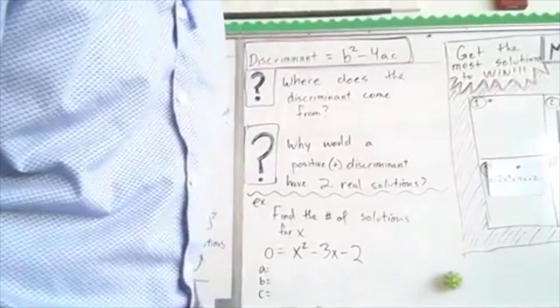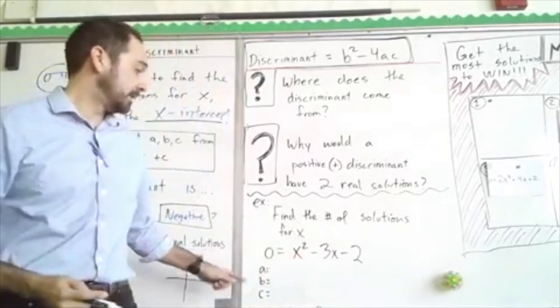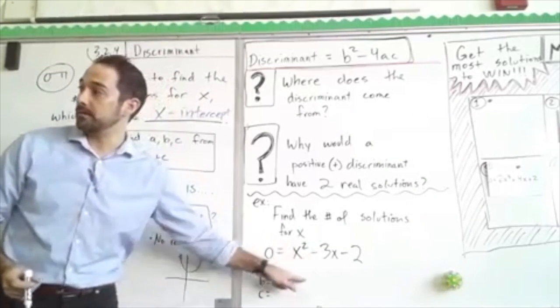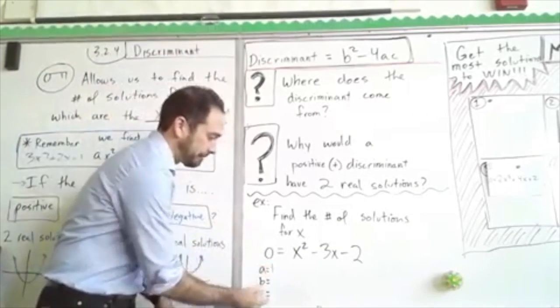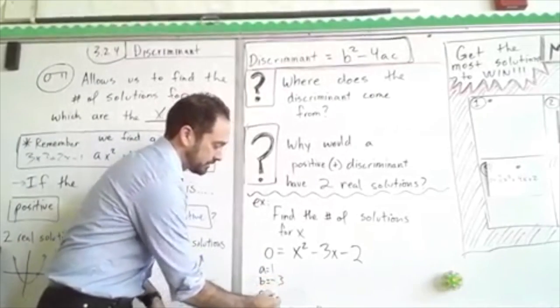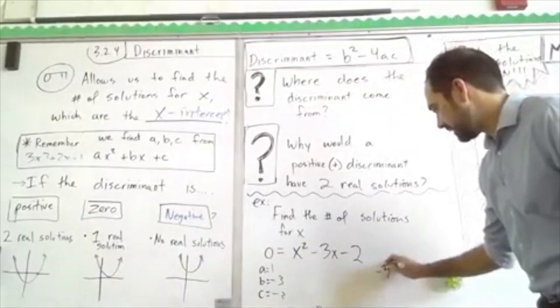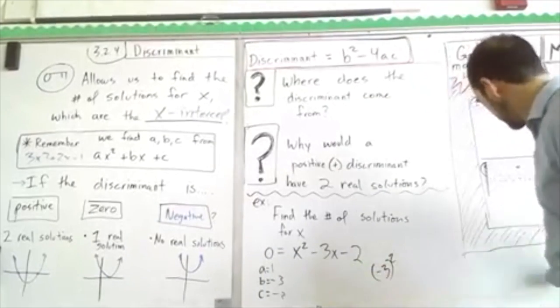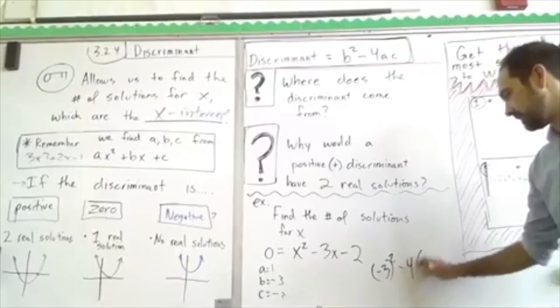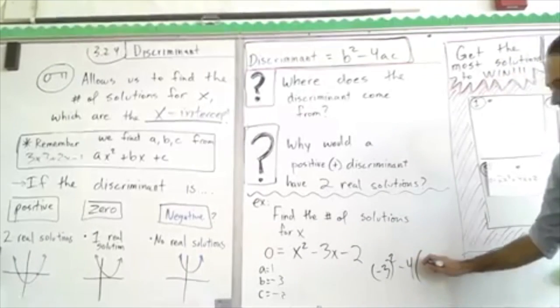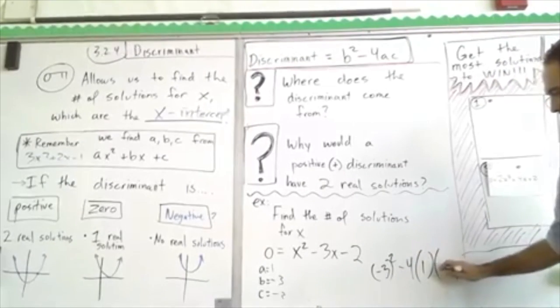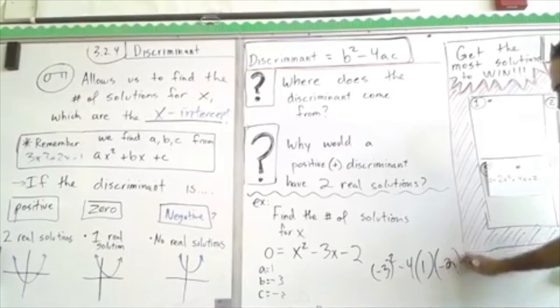All right, I forgot to do this example problem, so I'm just going to do it on the board here. Just follow along or help me. What's the A value here? 1. B value? -3. C value? -2. Okay, what am I going to put in for my B? -3 squared. Good, -3 squared minus 4 times 1 times -2.